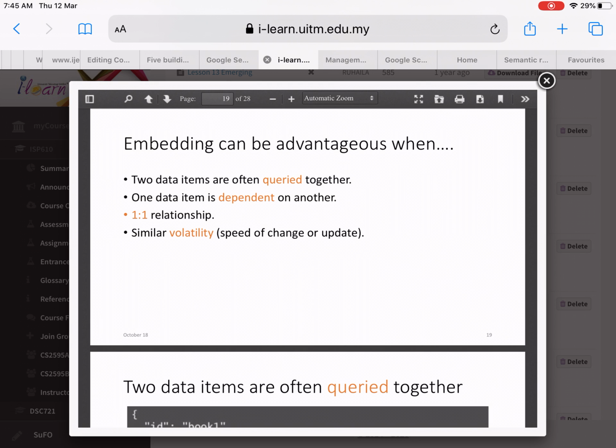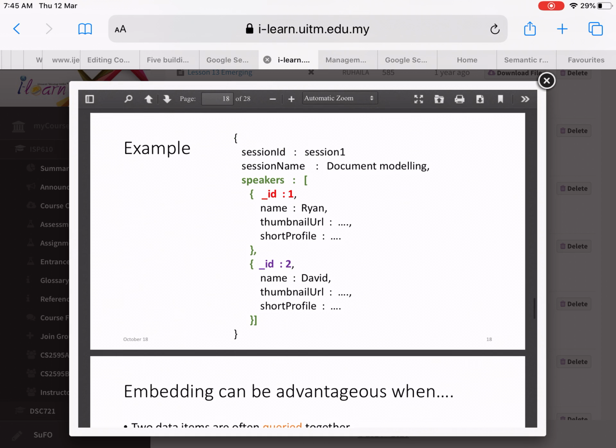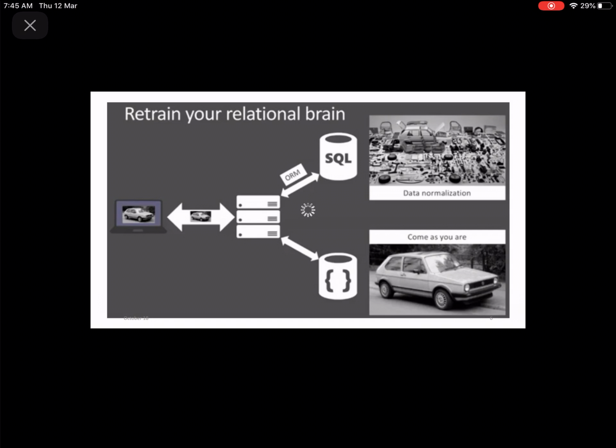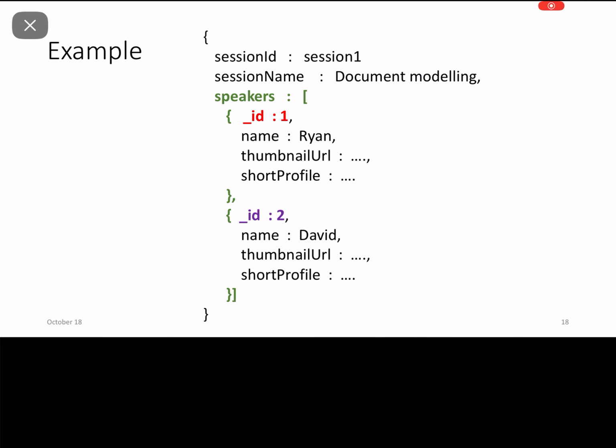As you can see, name Ryan, name David. So we don't simply contain an ID to a referencing document, but we embed the document inside this document itself, the session document.